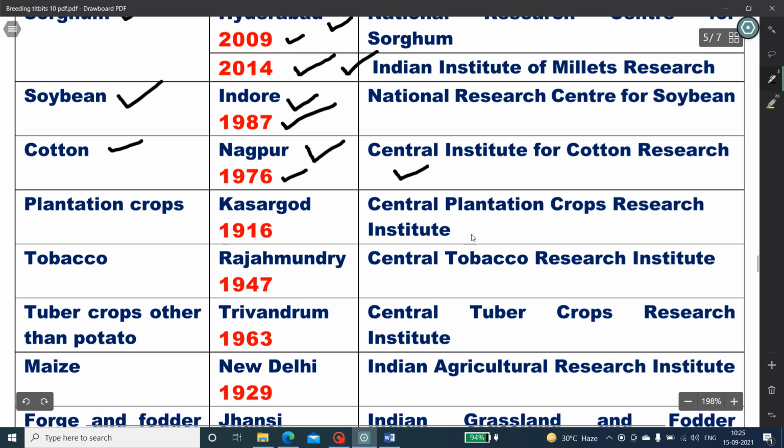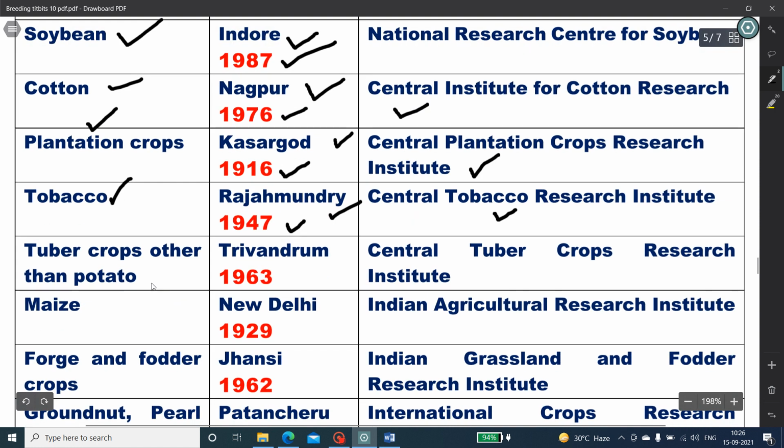The Central Plantation Crops Research Institute at Kasargod, established in 1916, is maintaining plantation crops. The tobacco germplasm is maintained at the Central Tobacco Research Institute, Rajahmundry, which was established in 1947.